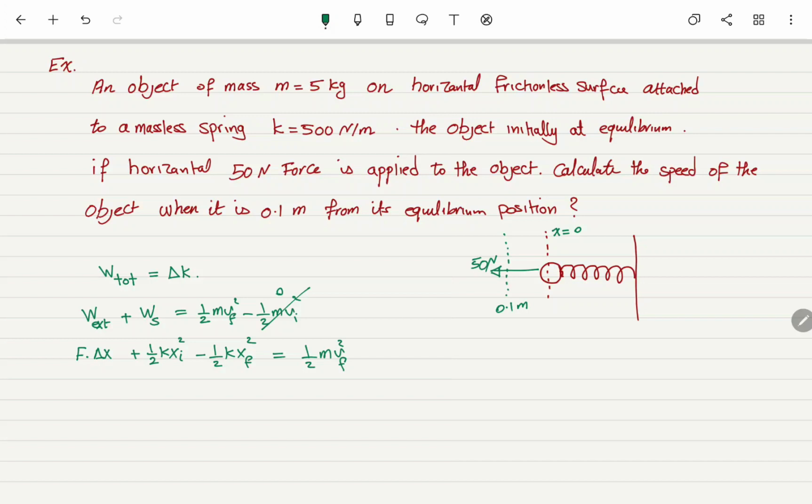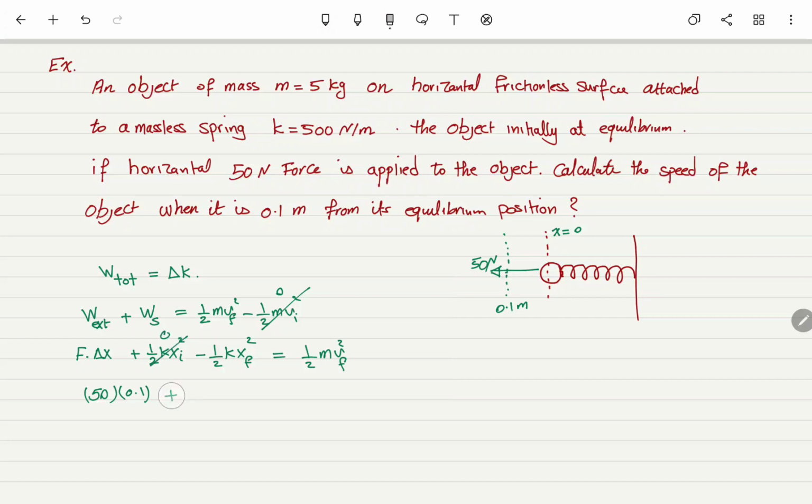F in this case is equal to 50 newtons times the displacement, 0.1, plus the spring term. The spring is initially at equilibrium, so that term equals 0.